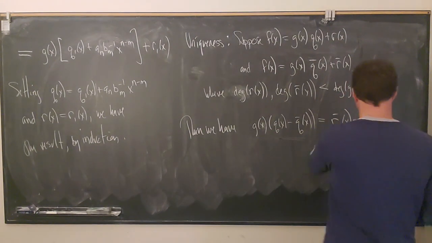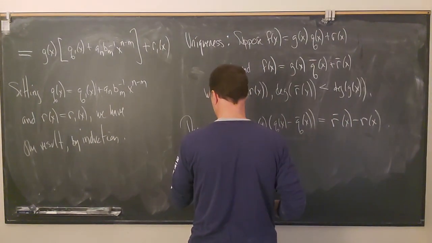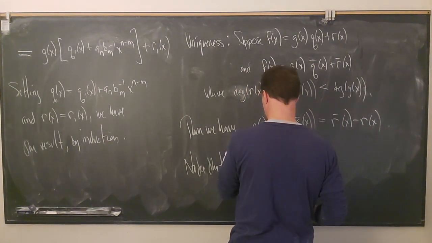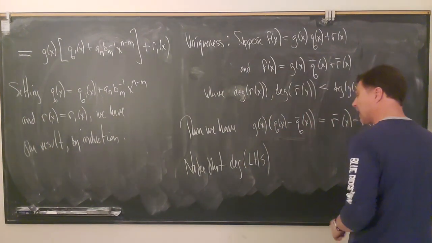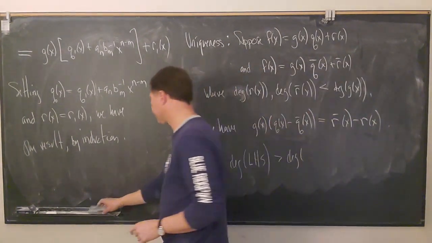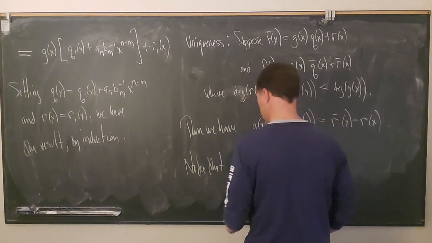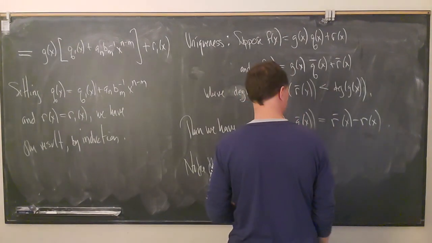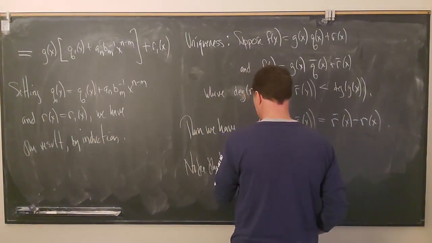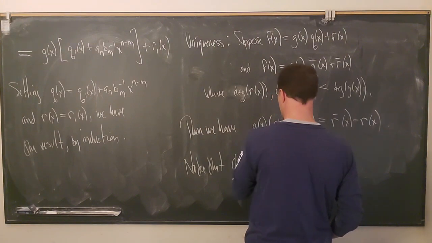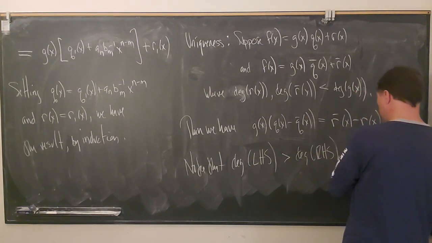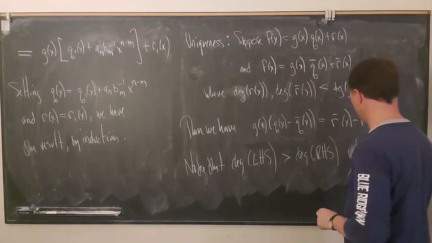So note that the degree of the left-hand side is strictly greater than the degree of the right-hand side, unless both sides are 0.